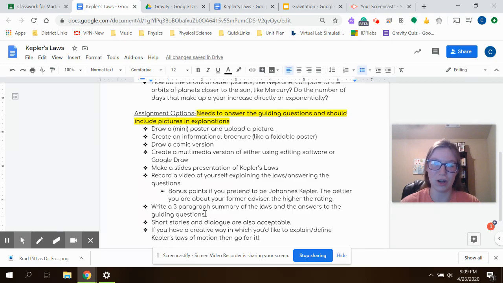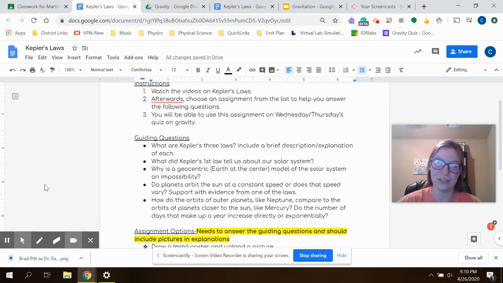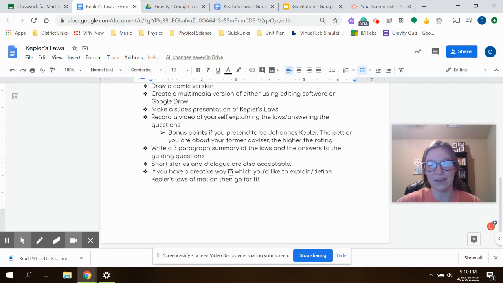So you're just describing what's going on. That's why this is meant to be as many options as possible to get that information across. If you have a way that you would like to define and explain Kepler's laws of motion and, again, answer these guiding questions about each particular law, then go ahead and go for it. Just let me know afterwards.